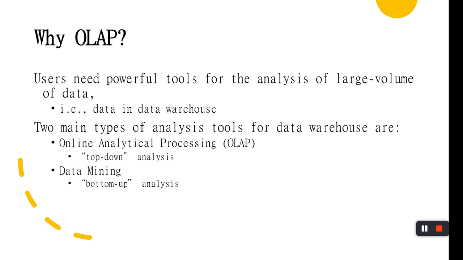So users, again, as mentioned a while ago, need powerful tools for the access and analysis of large volumes of data, meaning those data that are stored in the data warehouse. Again, as mentioned a while ago, we have two main types of analysis tools, and these are online analytical processing and data mining.